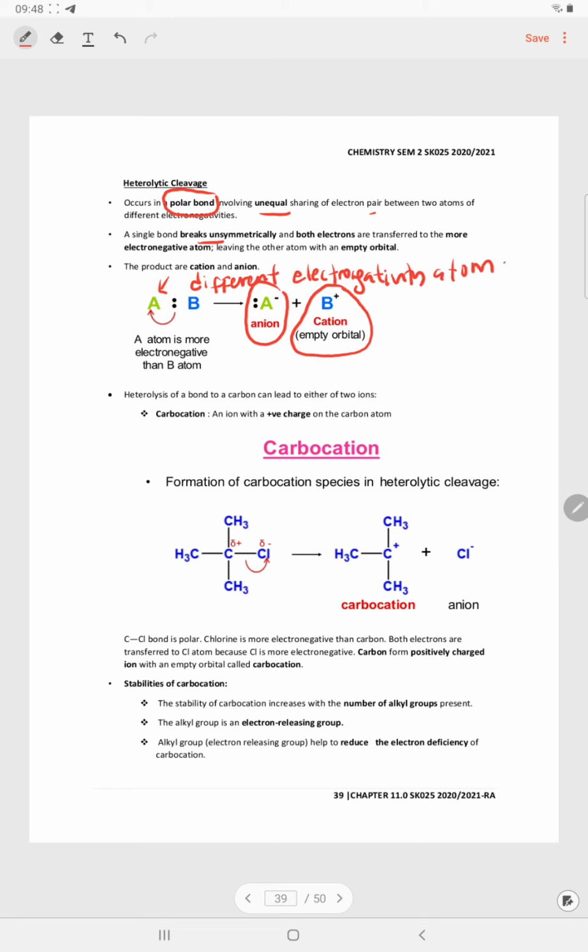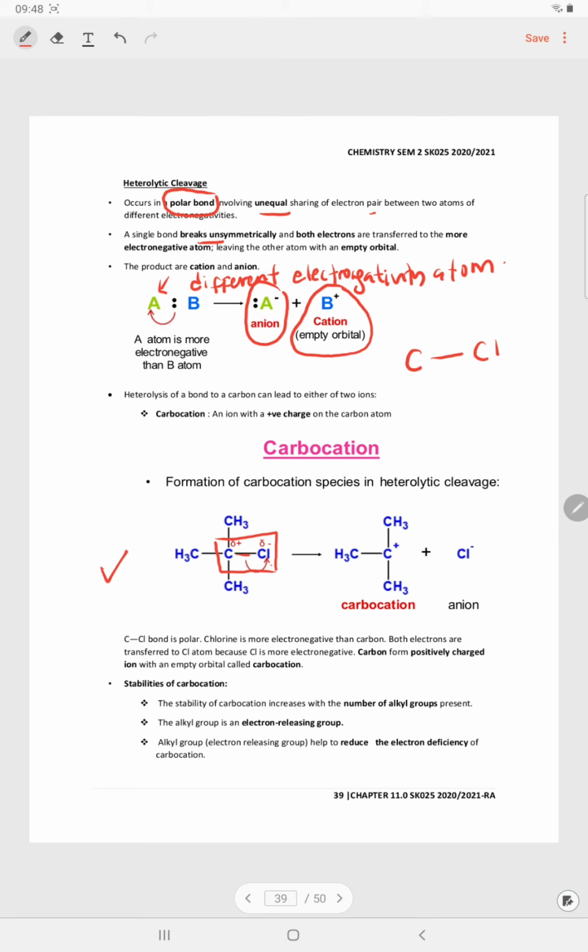If I convert this into an example, for example, I have a bond between carbon and chlorine. Refer to this example. The cleavage occurs between carbon and chlorine. Chlorine has the greater electron density, because the electronegativity attracts the electrons toward the chlorine atom.